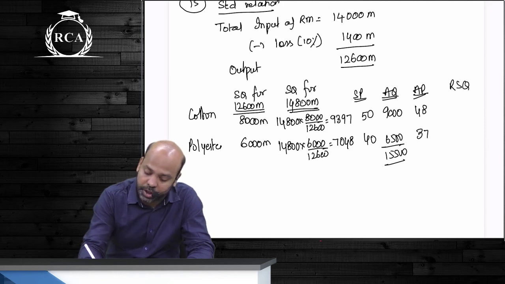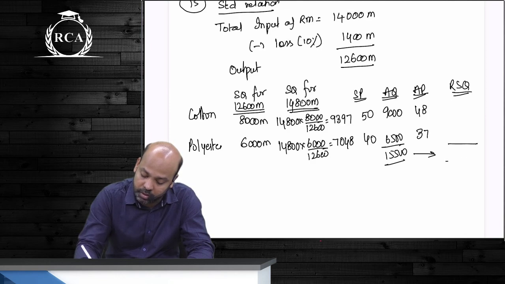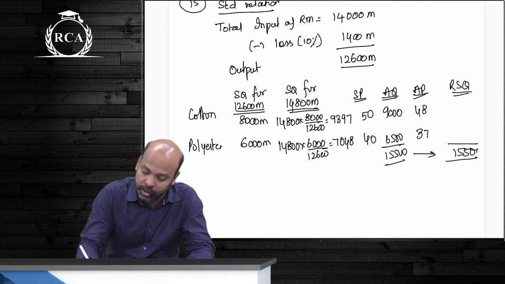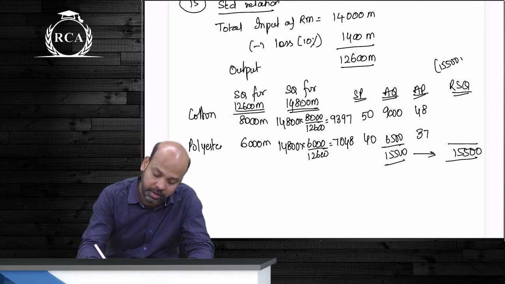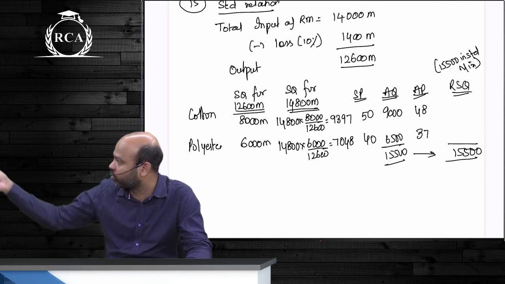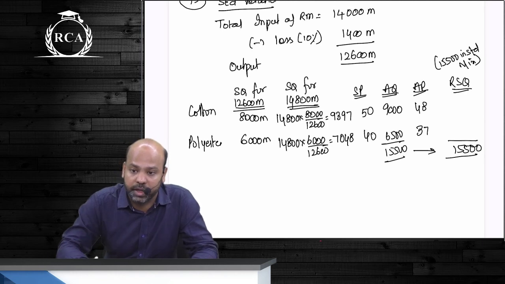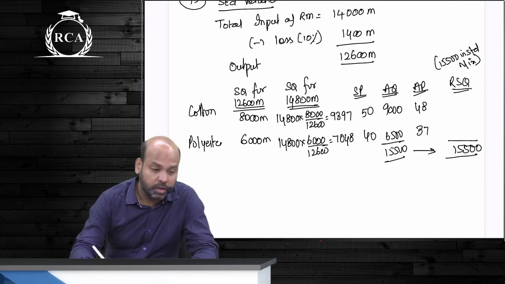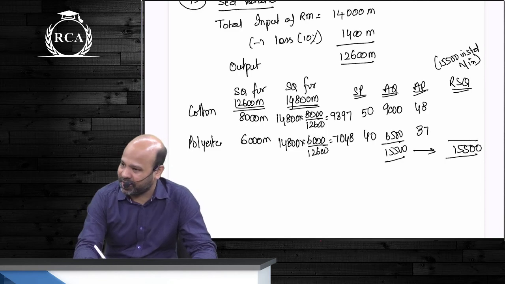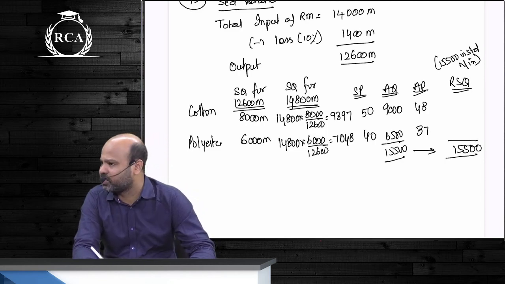And revised standard quantity. How do you compute revised standard quantity? Total actual quantity in standard mix. So this will be 15,500 in standard mix. Standard mix is 8:6. Isn't that 8:6? Are you getting the point, beta? Standard mix is the ratio of 8,000 is to 6,000.